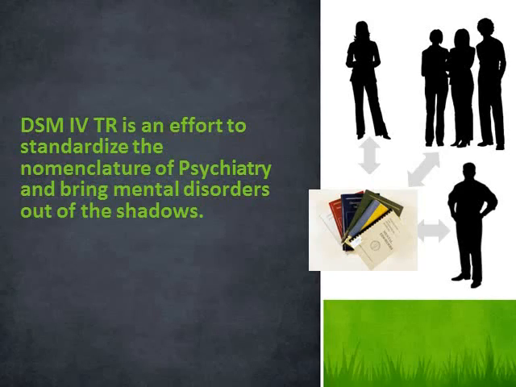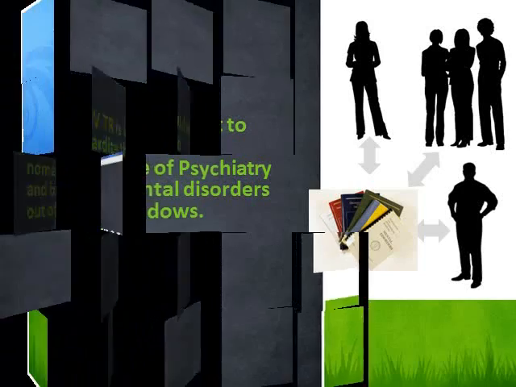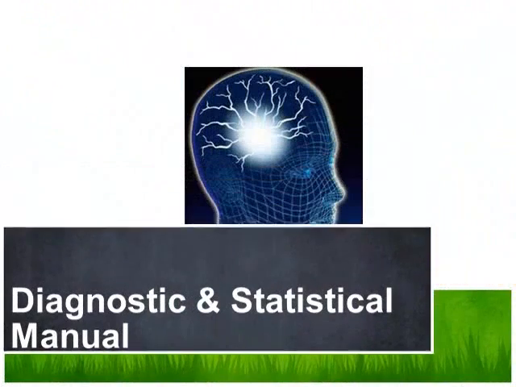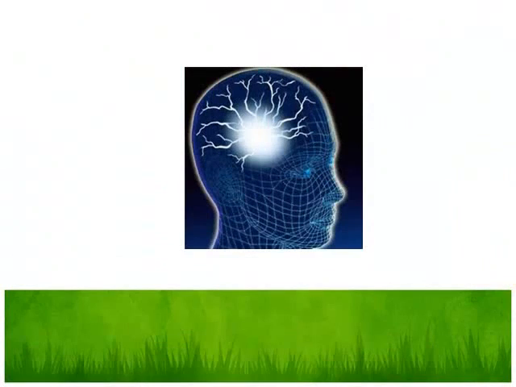It's kind of like a dictionary of psychological diagnoses. If you're a student in psychology, and particularly if you are a psych major, you may want to make this book an addition to your library, the DSM-4TR.